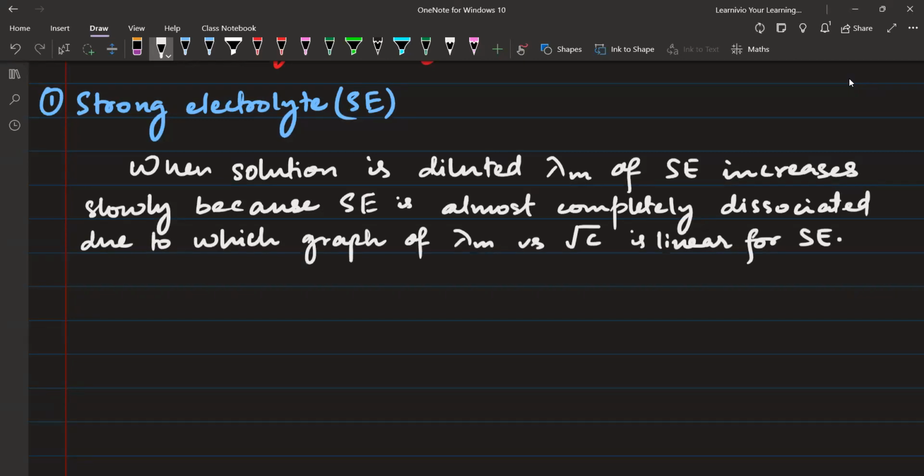For strong electrolyte, the graph is linear, meaning it will look something like this.